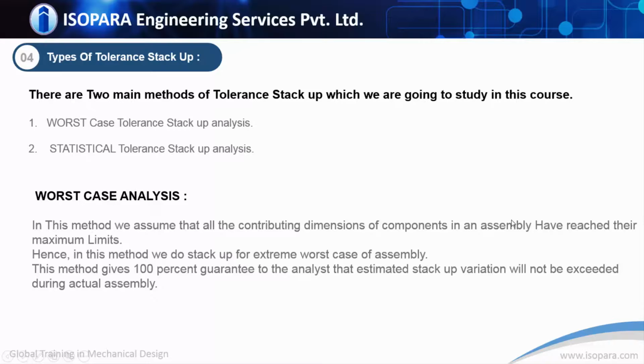This process does not consider the accuracy of the manufacturing processes which components are going to undergo, and assumes all the parts are going to their worst case maximum value at the same time. Hence, the gap value coming out of this analysis will be a conservative one.